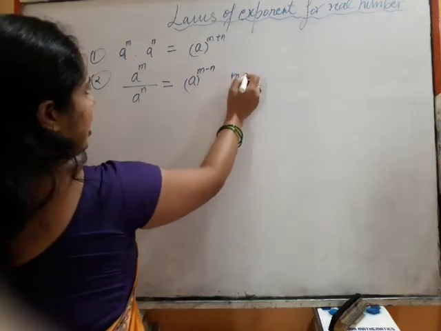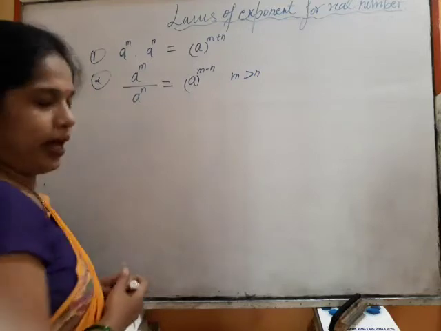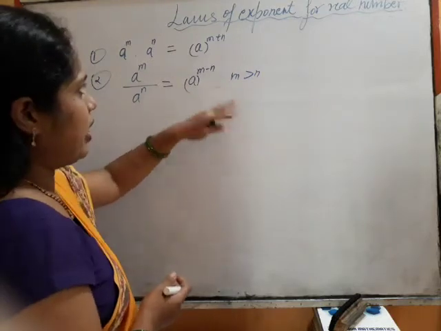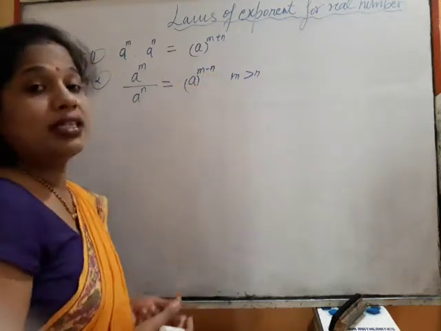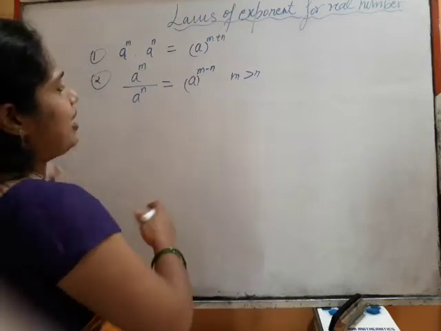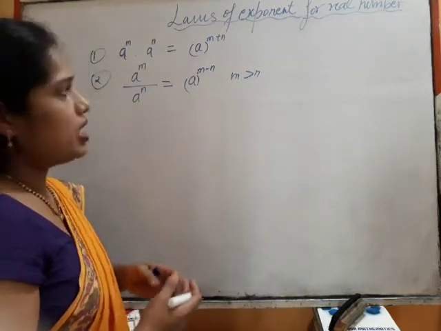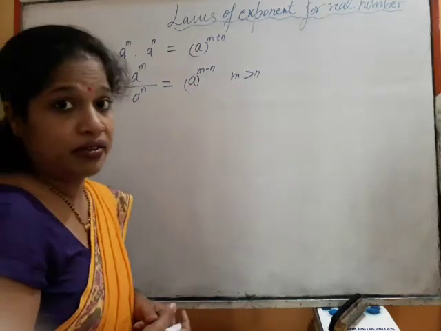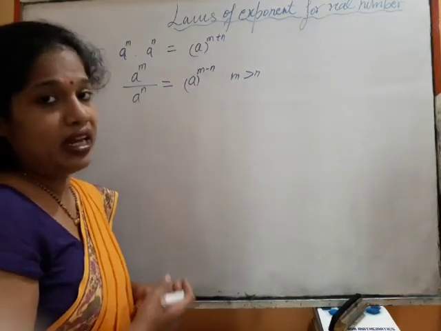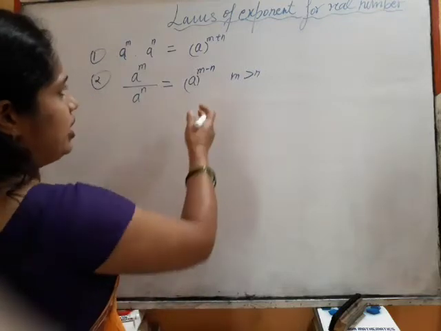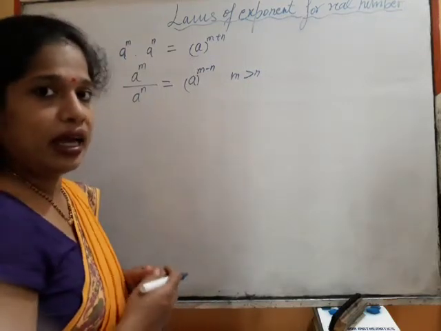Condition is that m should be greater than n. Otherwise, when m is less, it is also done, but the value of the power will be negative. So here the condition is m is greater than n.